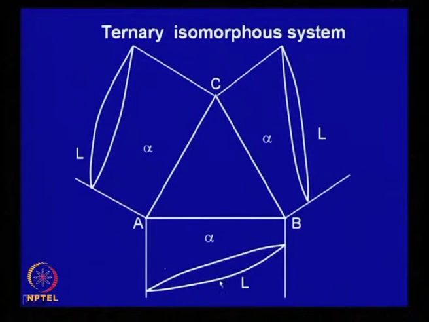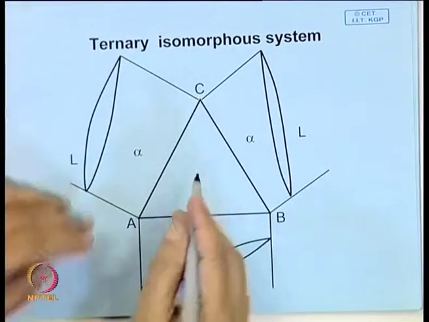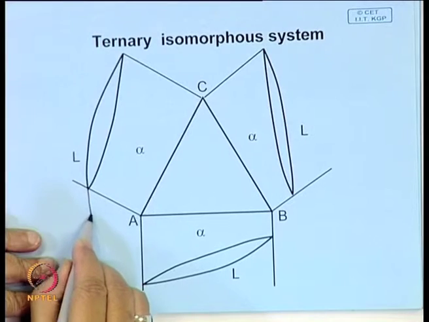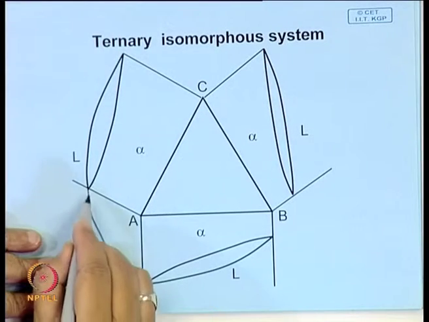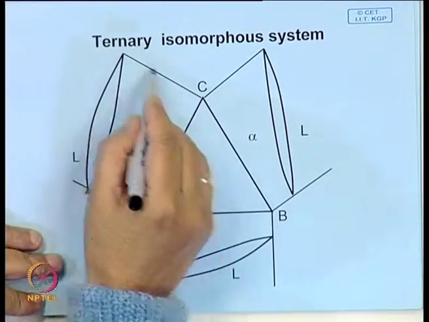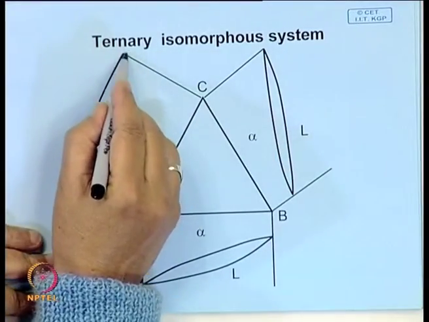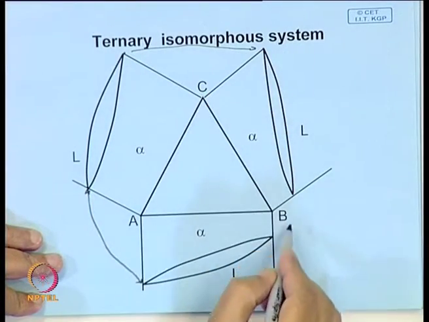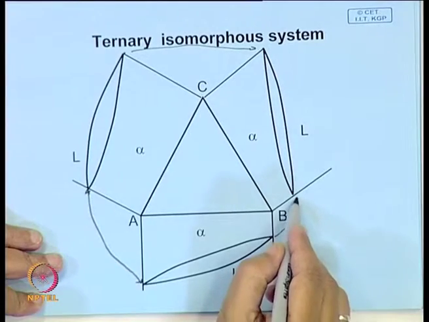Similarly, we do the same thing over here. This melting point and this melting point are exactly the same. Suppose you cut this diagram and try to fold it up. Then this point and this point, being exactly the same, will meet each other. Similarly, you cut out this portion and these points will join together, and similarly these two.